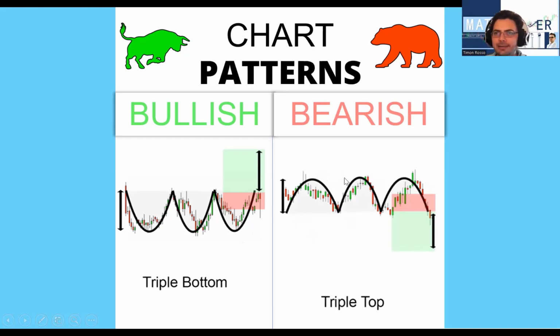A triple top looks like a head and shoulders formation, except the rounding top is at the same height as the head, is at the same height as the right shoulder. So the triple top looks like this. You wait for the price to break below. You set your stop loss 50% of the height, or you set the stop loss above the formation itself, and you make sure that the take profit is 2 times of what you're willing to risk.